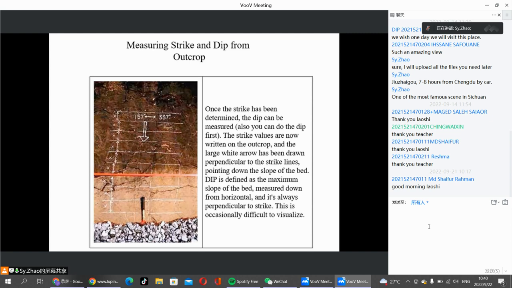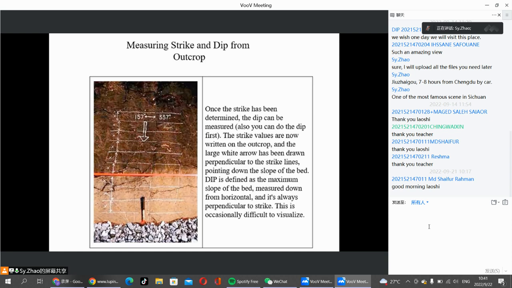We just measure it, and we can write it on the outcrop, and a large white arrow has been drawn perpendicular to the strike lines and pointing down the slope of the bed. Dip is defined as the maximum slope of the bed, which is measured down from the horizontal, and is always perpendicular to the strike.